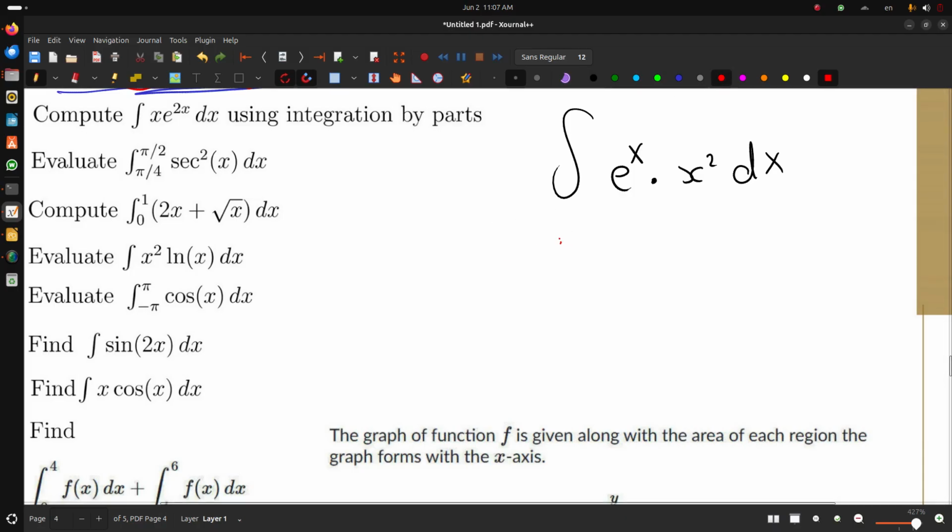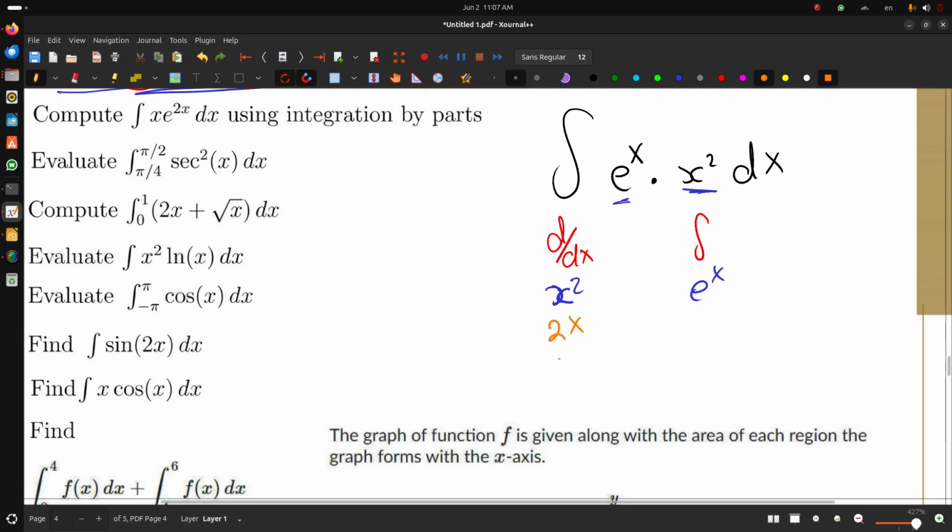Okay, we will take one for the derivative and one for the integration. So which one will we take for the derivative? Let's choose the polynomial one, which is x power 2. And let's take the exponential one for integration. It's easier to integrate. Okay, let's get the derivative of x power 2. It's 2x. The derivative of 2x is 2. The derivative of 2 is 0, and stop.